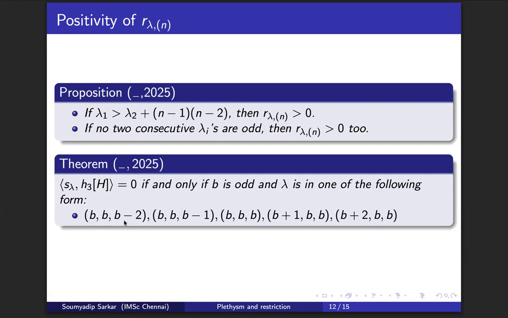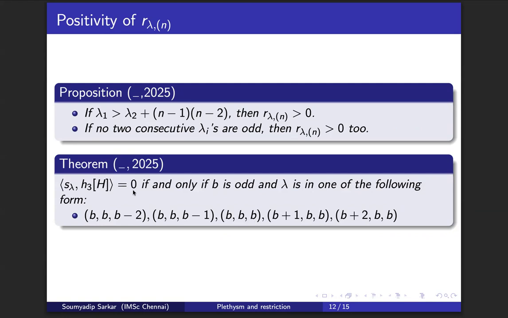For example, here in B B B minus 2, the B's are occurring right next to each other, and in all these cases you can see that. And roughly that's how you can try to guess a pattern for what kind of lambda will give you this inner product 0.